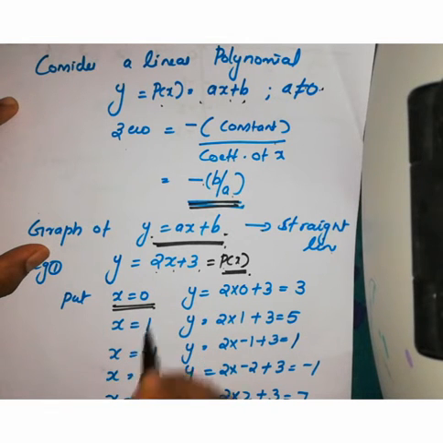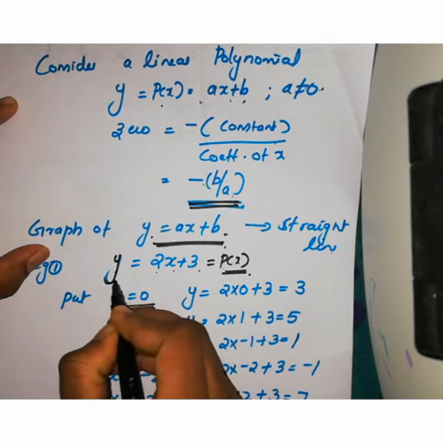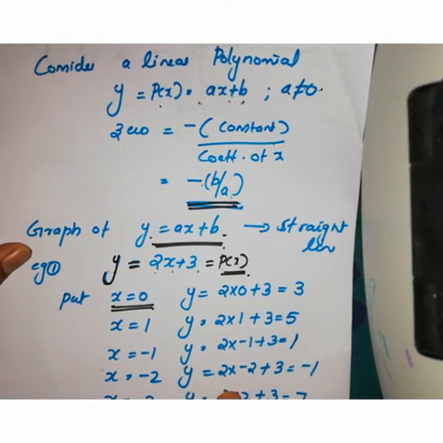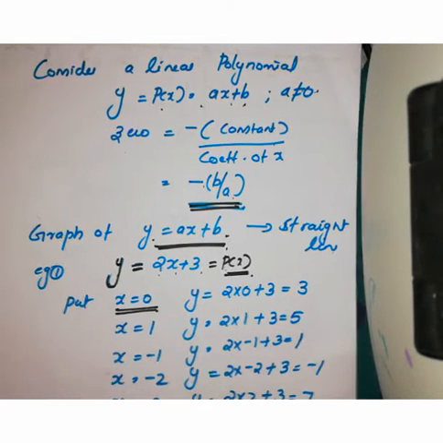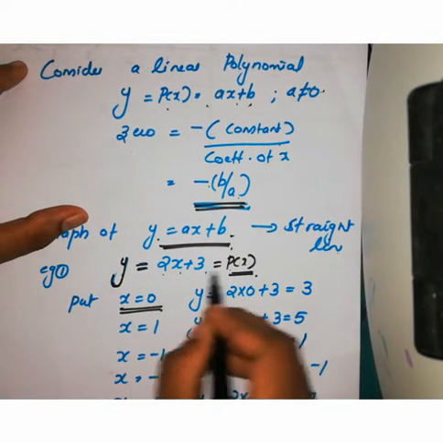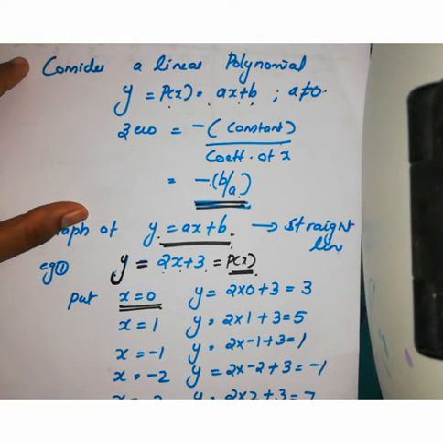Suppose our x is equal to 0. In order to graphically represent it, we have two axes, x-axis and y-axis. That is why I equate this polynomial p of x with the y coordinate. So, y is equal to 2x plus 3.